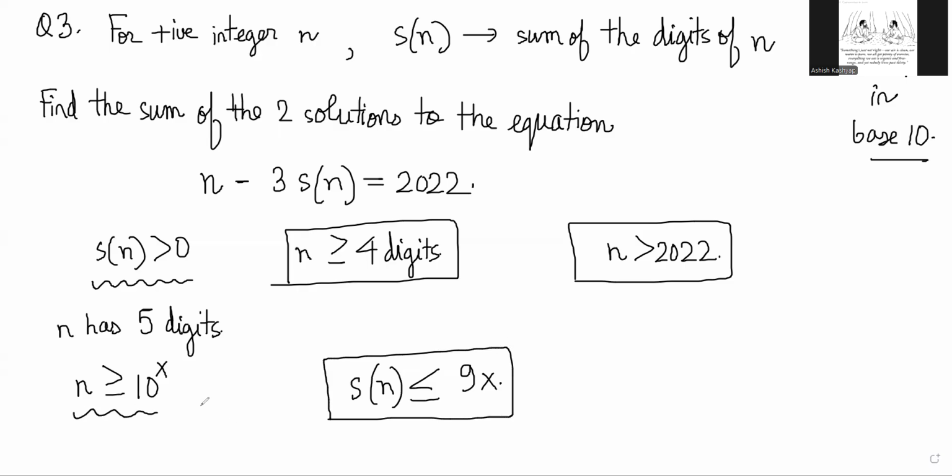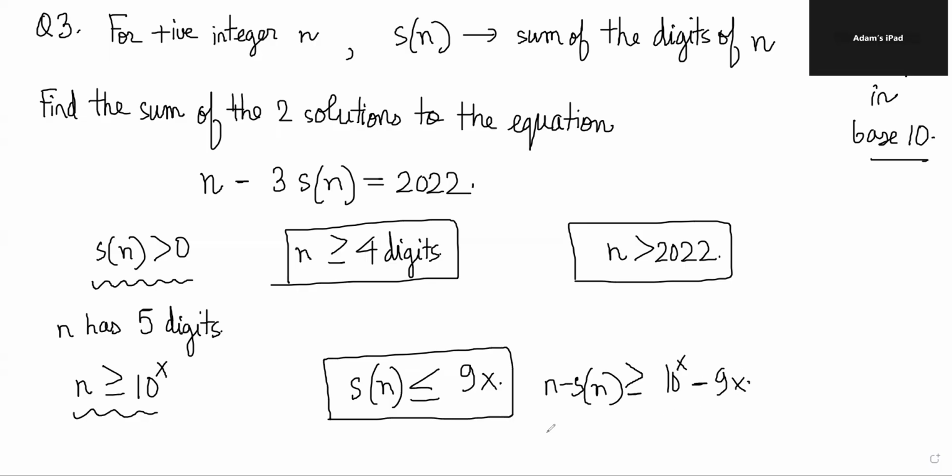If n has x digits, yeah, right? And then you have that 10 to the power of x minus 9x, so n minus S of n will be greater than or equal to 10 to the power x minus 9x. See, this is the maximum value of the subtracting part, and this is the smallest value of the positive thing, so definitely the difference is greater than this. And this thing, what can we say?